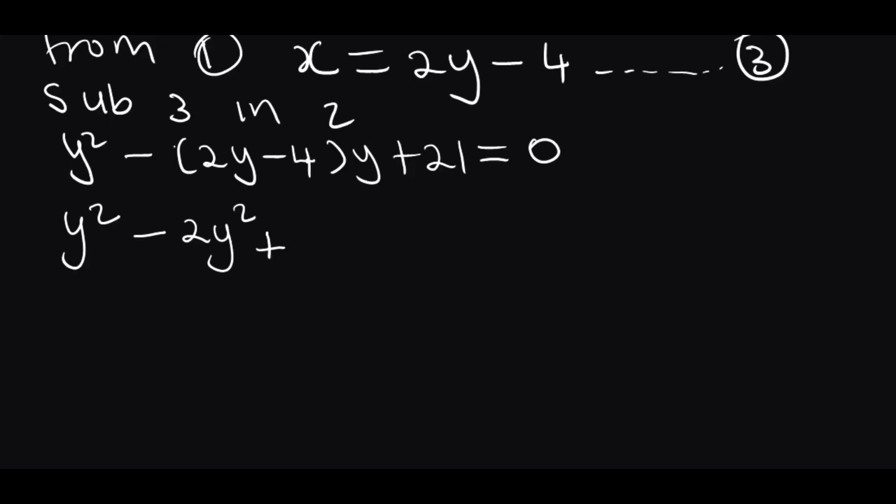Then y times 4 is gonna be 4y, plus 21, which is equals to what? 0.